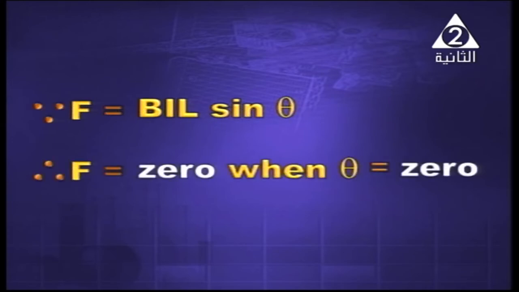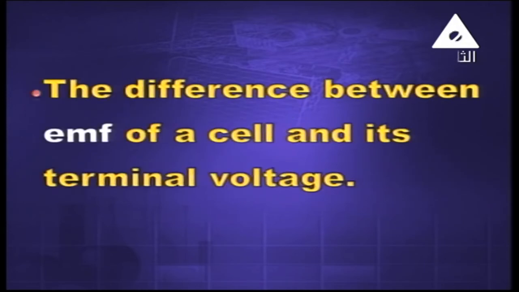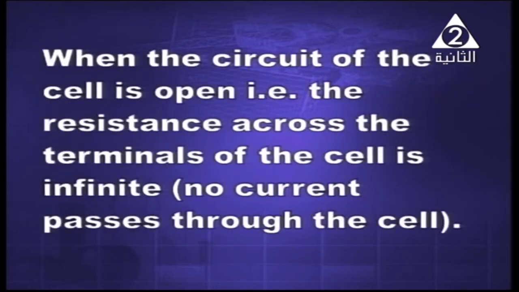Another item: when does the difference between the EMF of a cell and its terminal voltage equal 0? Actually, it asks you about the condition when the EMF of a cell is equal to its terminal voltage. It happens when the circuit of the cell is open.